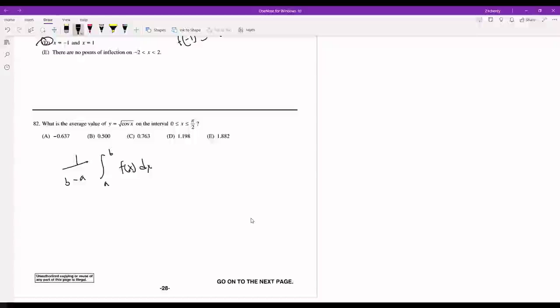And so in this case, we're going from 0 to pi over 2, so it's 1 over pi over 2, like this. And you just type this all into the calculator, and you get 0.763, or C.